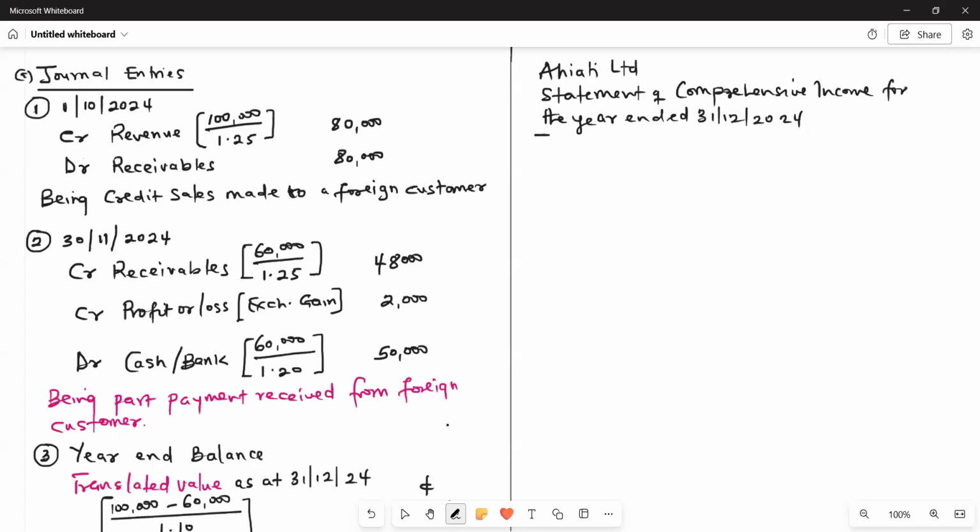Most of you, when you are solving exam questions, just write the figure without telling us whether it's on a P&L or OCI. Please be careful. You need to write profit or loss. Then under that, you write what?